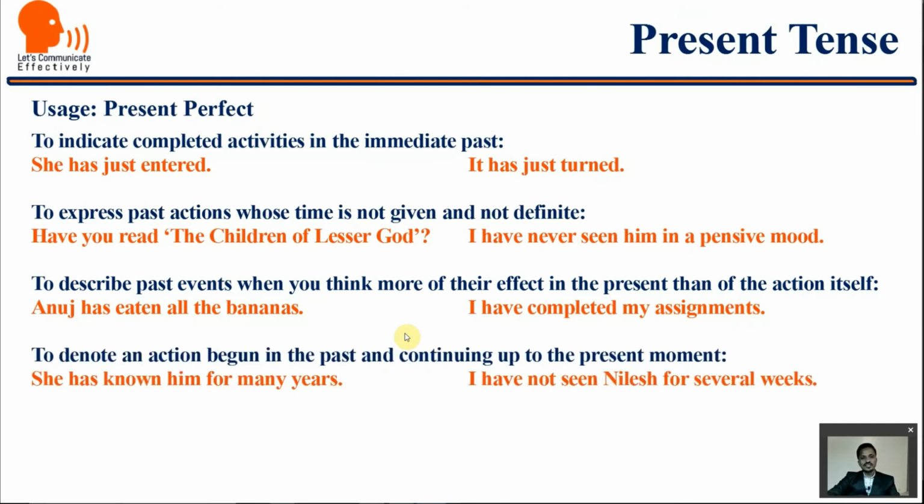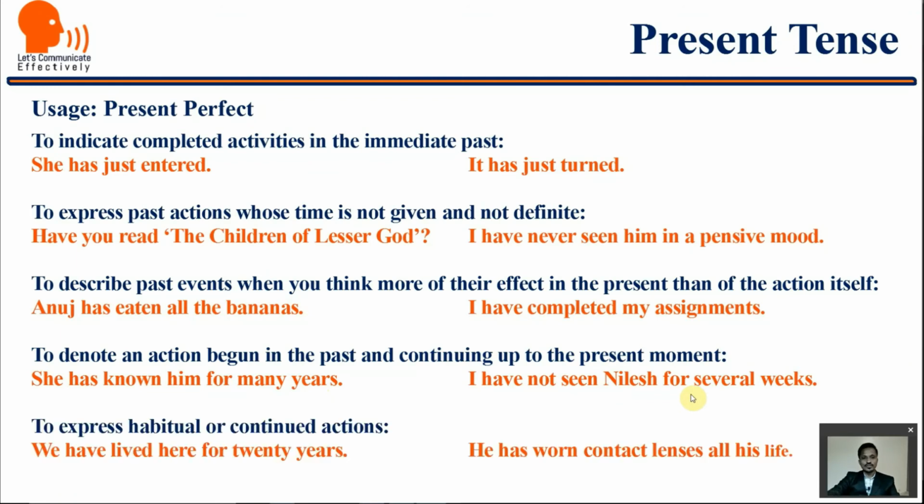To denote an action begun in the past and continuing up to the present moment. Right? The action which had started in the past, and when you are talking, it is still continuing, it is just going on. She has known him for many years. Like, she has known him for many years and still she knows him. I have not seen Nilesh for several weeks.